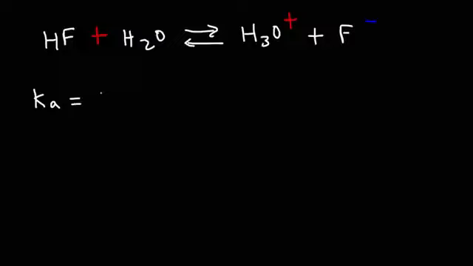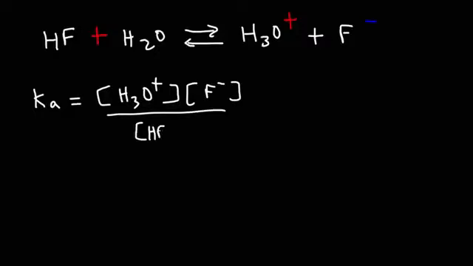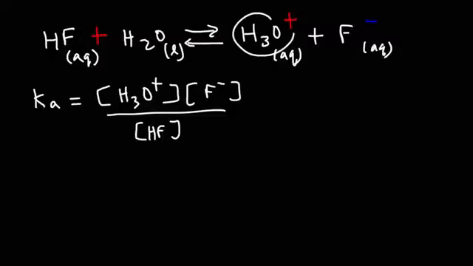It's an equilibrium constant, and it's equal to the concentration of the products divided by the concentration of the reactants. Water is a liquid, so remember, liquids and solids are not included in the equilibrium expression. Everything else is in the aqueous phase. It's dissolved in water, so you do include them in the equilibrium expression. Once you calculate H3O+ using ICE tables, you can calculate the pH using the equation that we just considered.